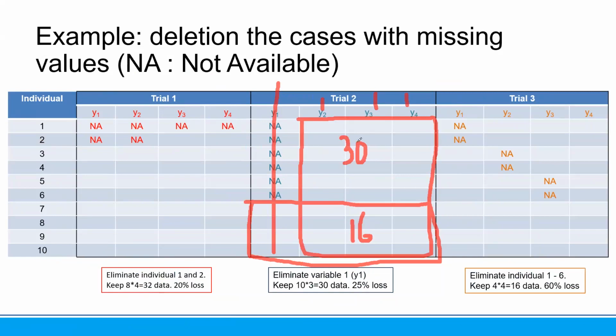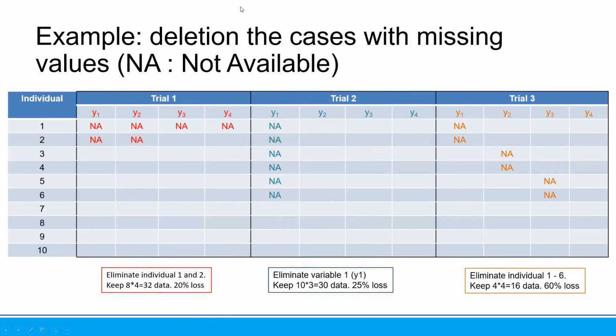The more data we have, the better for our analysis. So for the second case, we can just delete the Y1. We can keep 30 data, so the loss is about 25%.